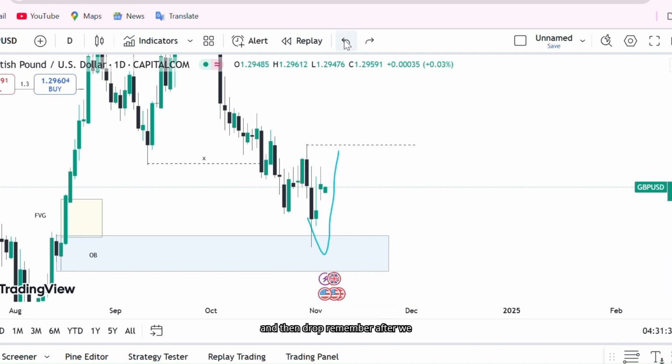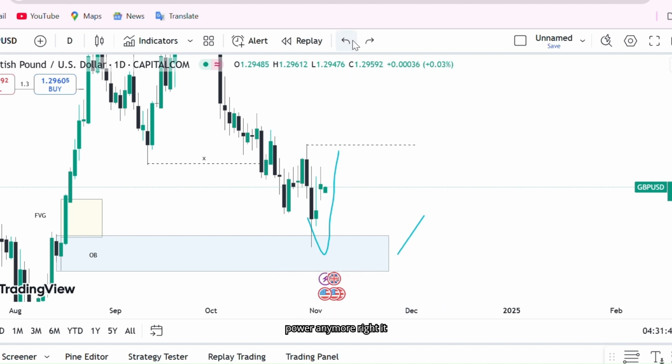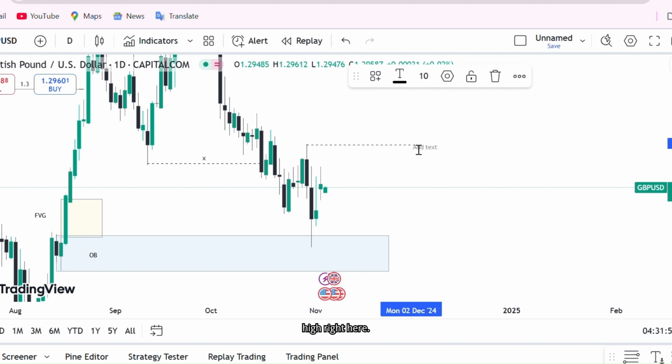Remember, after we reacted on this order block, it has no power anymore, right? It has no power to hold and to allow the market to bounce on it, if I can put it in simple terms, right? So now we have our fractal high right here, this high is going to determine our direction.